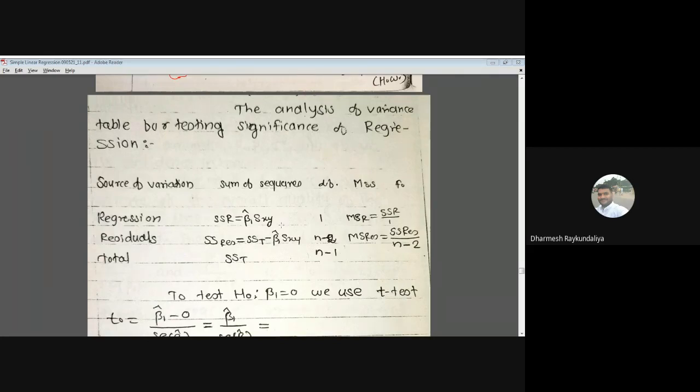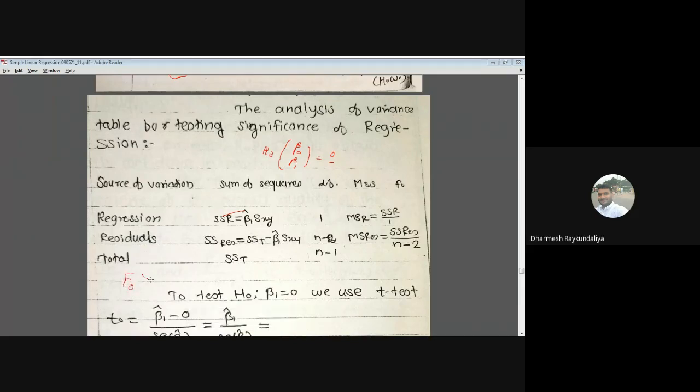So ultimately our aim is that we are testing this. Now the question is whether the individual estimates are zero, once the hypothesis is rejected. How will you say whether the hypothesis is rejected?